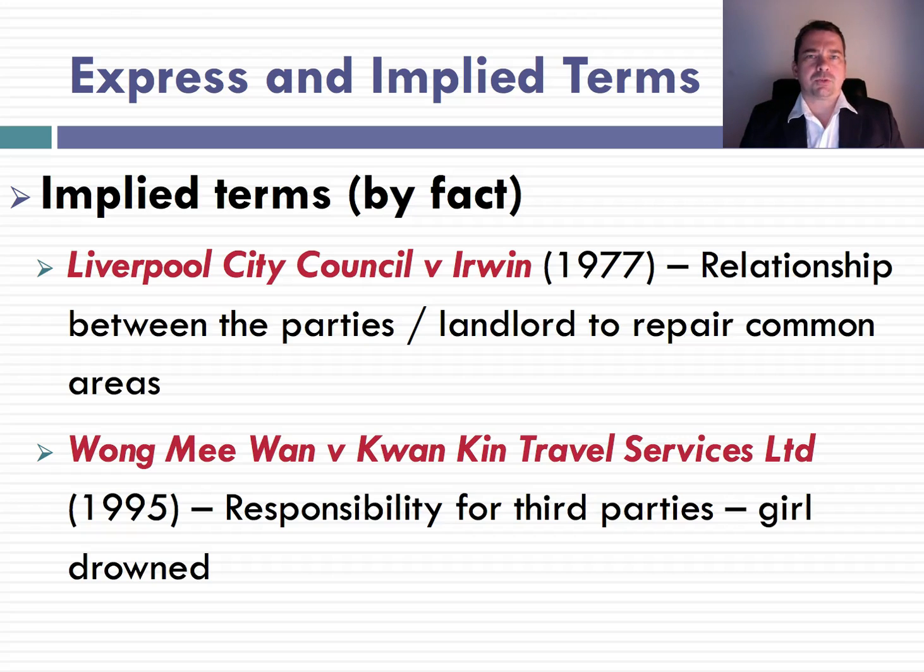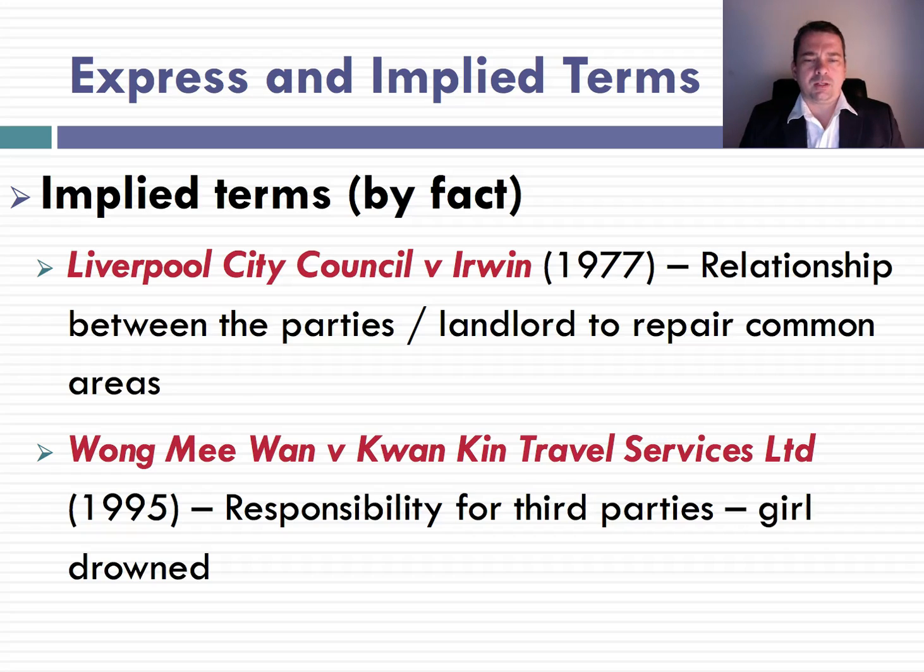But in the contract between the City Council and Irwin, the problems were not mentioned in the contract. So the common area that was in disrepair, the things that Irwin wanted to get fixed were not mentioned. So it was not clear who was responsible. And the court said it was an implied term that indeed the landlord was responsible to repair these common areas.